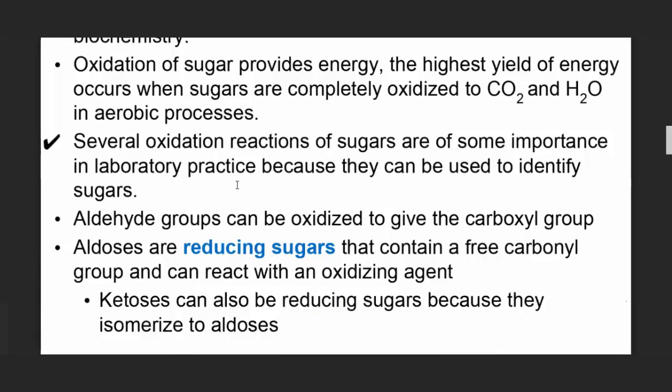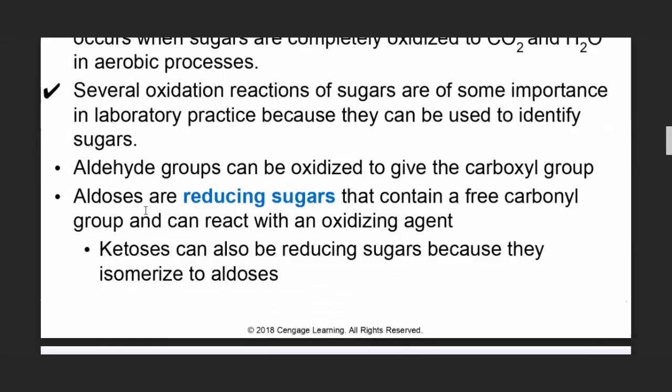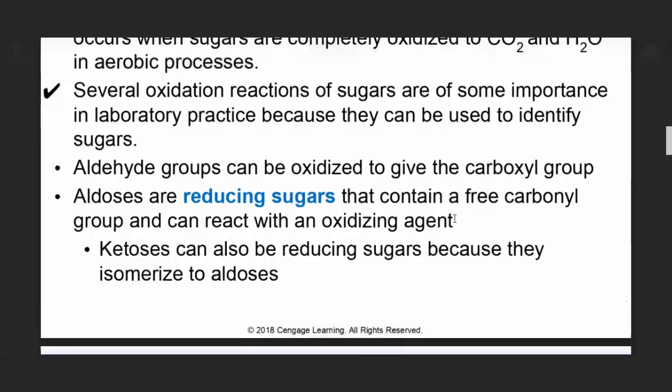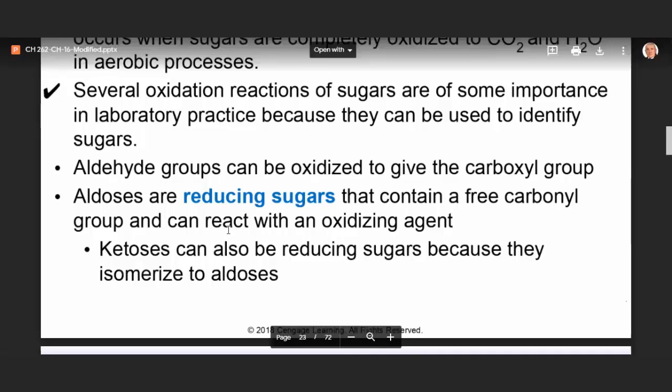Aldehyde groups can be oxidized to give the carboxyl group, and that is characteristic of acids. This reaction is the basis of a test for the presence of aldoses. It is a test for reducing sugar. Notice, aldoses are reducing sugars that contain the free carbonyl group and can react with an oxidizing agent.